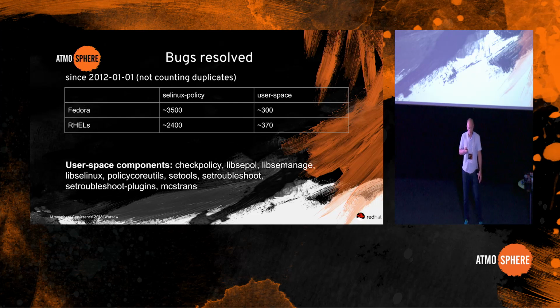Sorry, I forgot to tell you what user space is. User space are usually libraries and tools which allow you to manipulate SELINUX state and SELINUX policy, and work with that. So, based on these numbers, I can say that more than 85% of bugs are filed against a SELINUX policy.